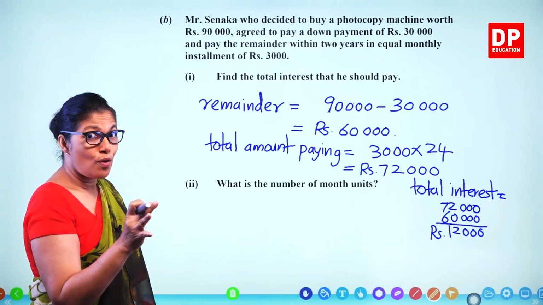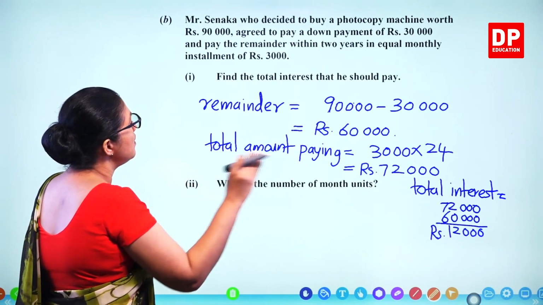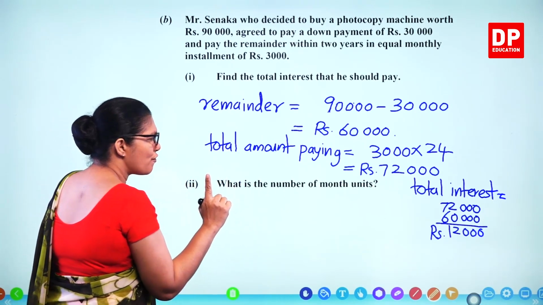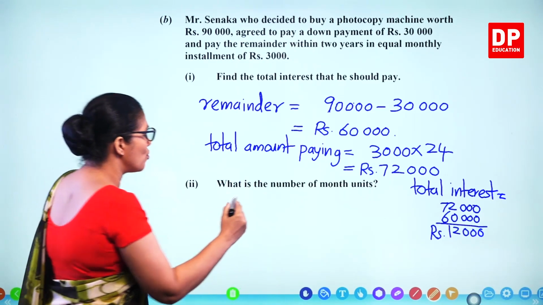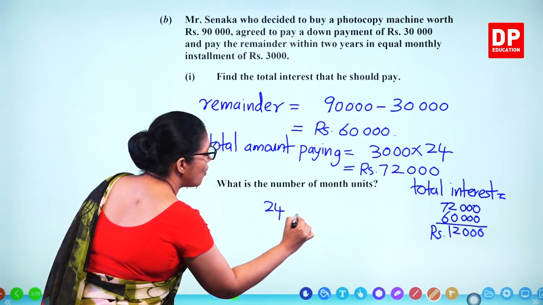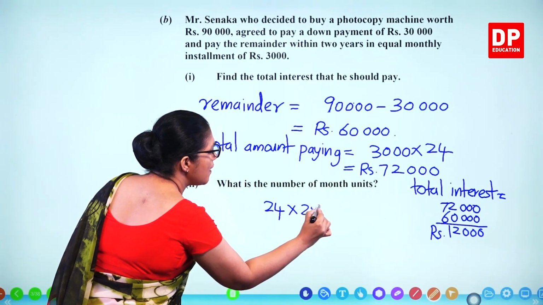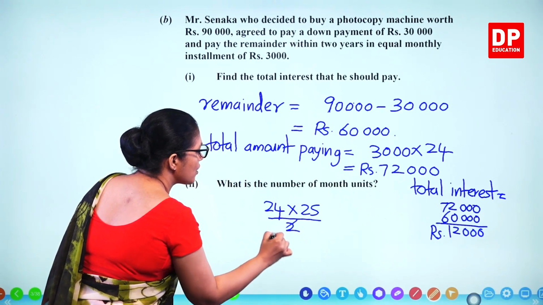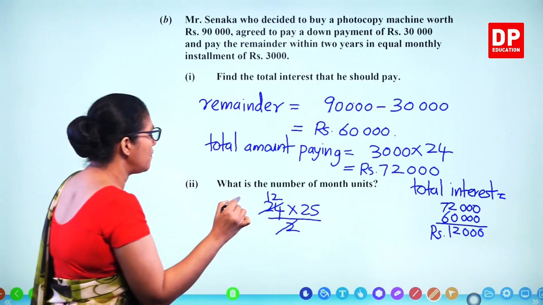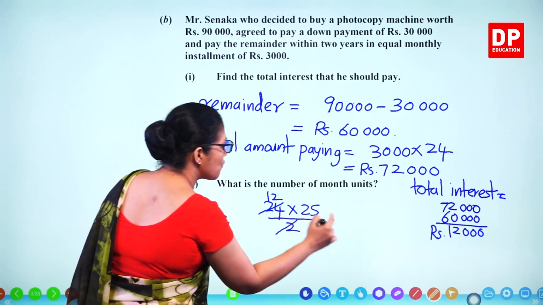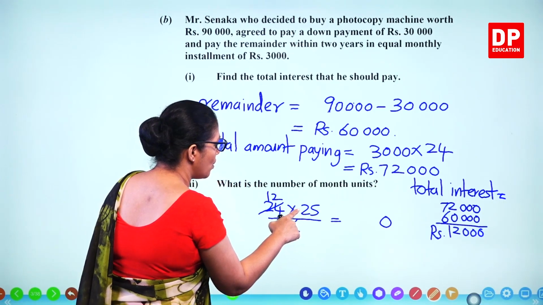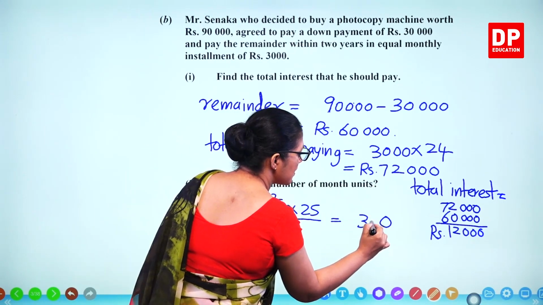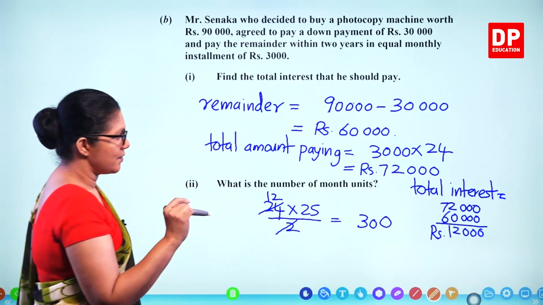So 24 equal installments. How do you find the months units? n into n plus 1 divided by 2. So n is 24, n plus 1 is 25, divided by 2. 2 times 12, 24. 12 times 5, 60. 6 remaining. 12 times 2, 24, plus 6, 30. So 300 months units are there.